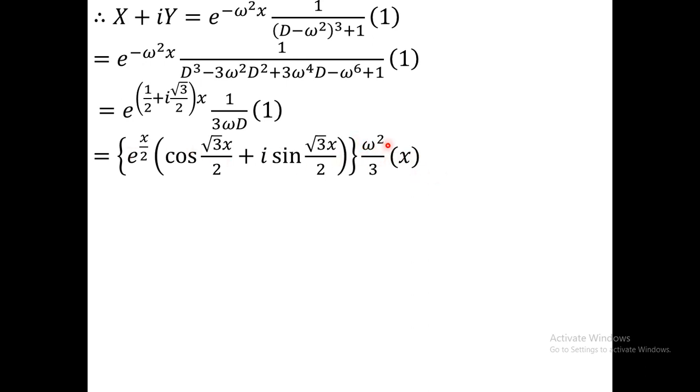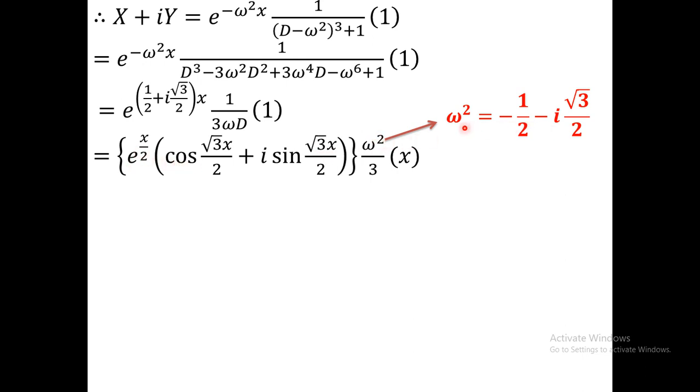Now we put the value of omega square. You know that the value of omega square is the minus of that. If you take common minus, the minus sign will be in front of that. At first I write 1/3 of x, 1/3 into x into e to the power x by 2 into that, and then I put that value.